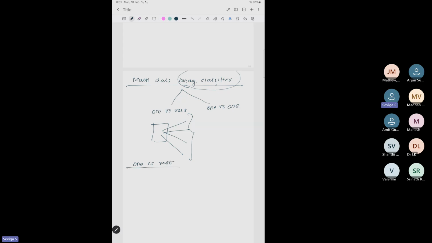In one versus rest, it is a binary classifier method. It is otherwise called one versus all, one against all, or the binary relevance method.